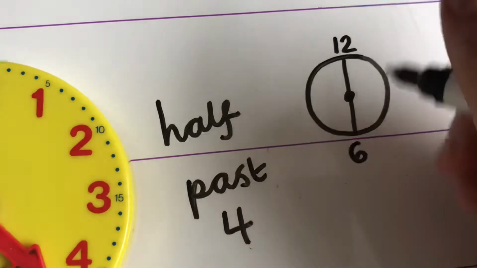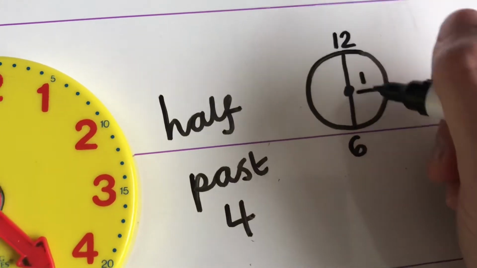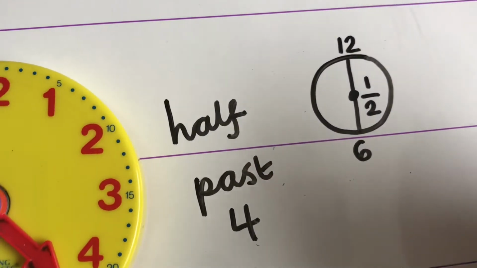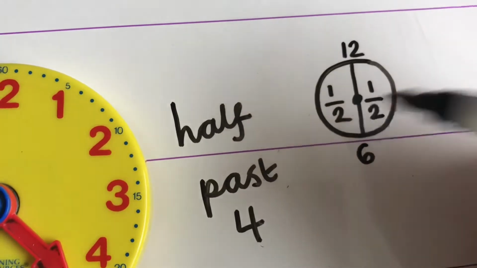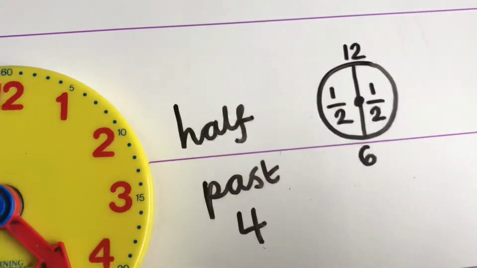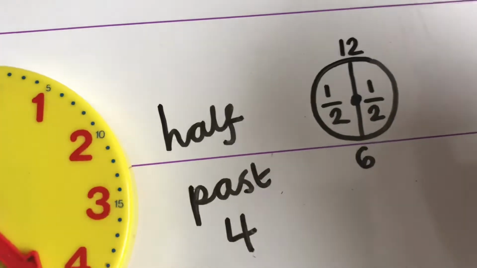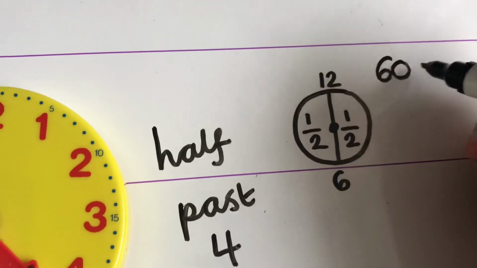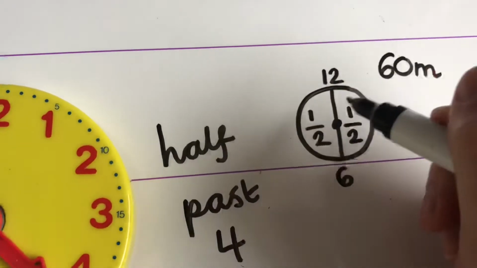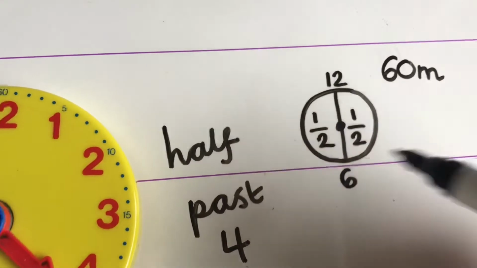It's now pointing at the 6, okay? Half of the hour is gone. Okay, half of the hour is gone. Okay, and there's another half of an hour still left. So if a full hour is 60 minutes, how many minutes have gone by in half an hour?